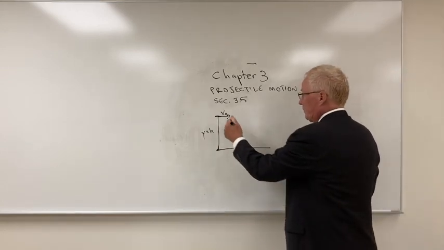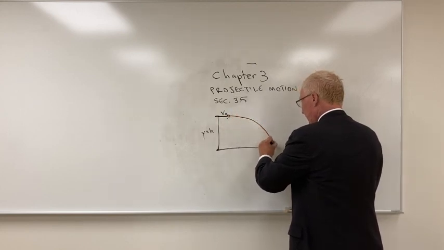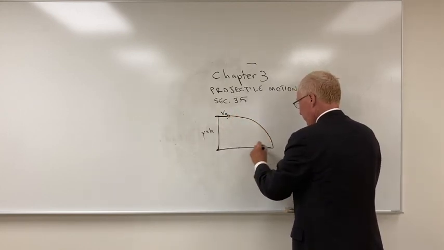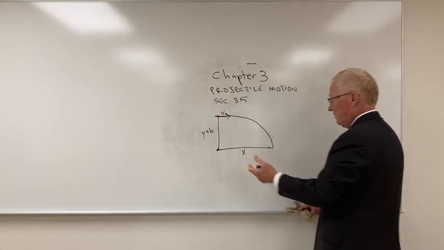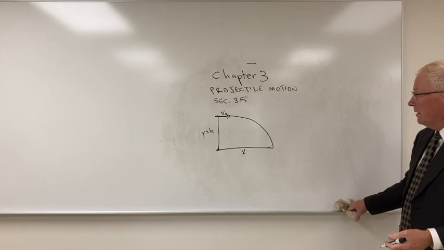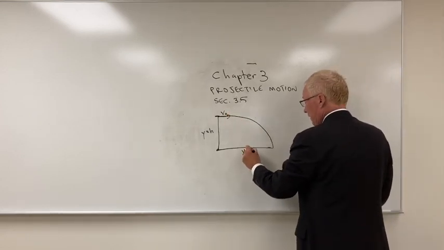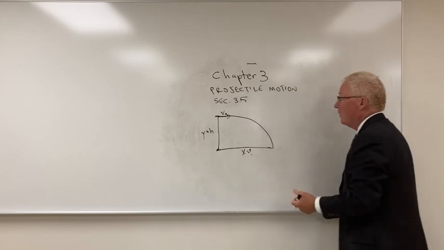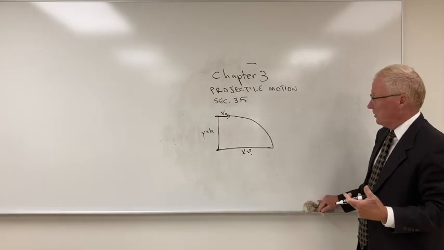What we're going to first of all realize is this will travel in a parabolic path. So it will travel a distance x as it falls y. And the question will be, based on v naught, how far out will it go? Or likewise, we know x, how fast was it going originally?